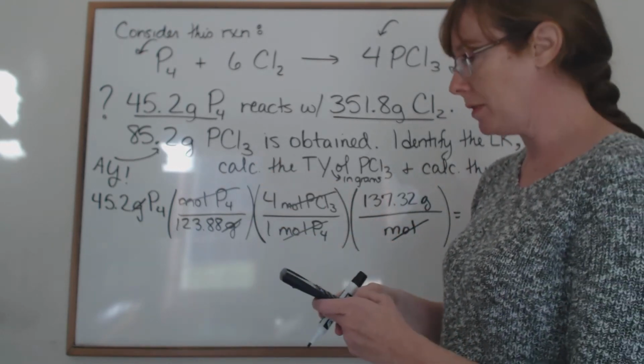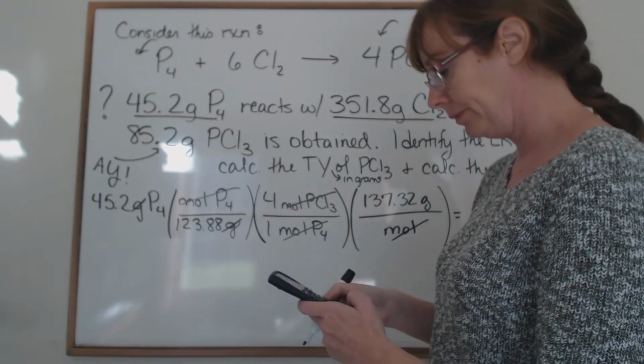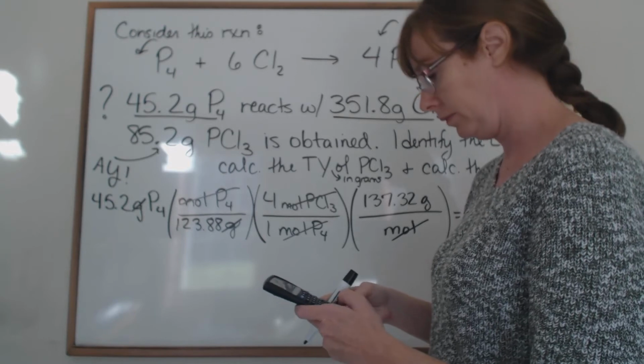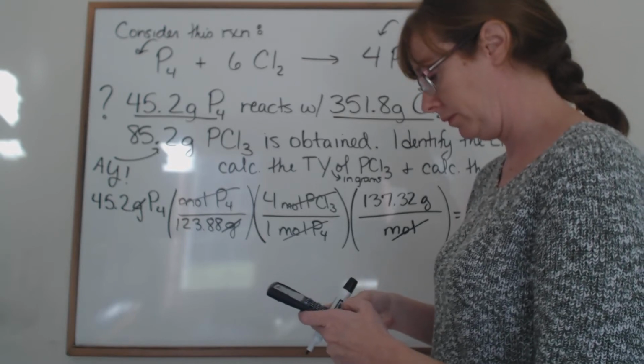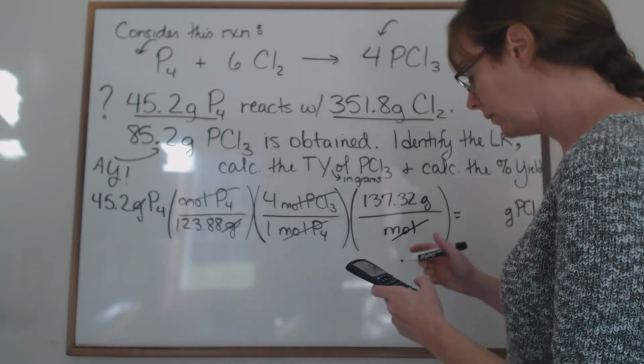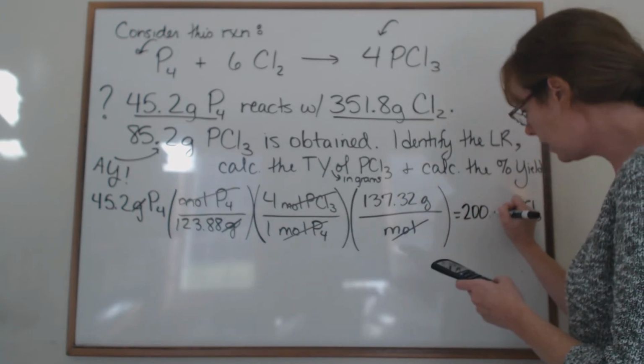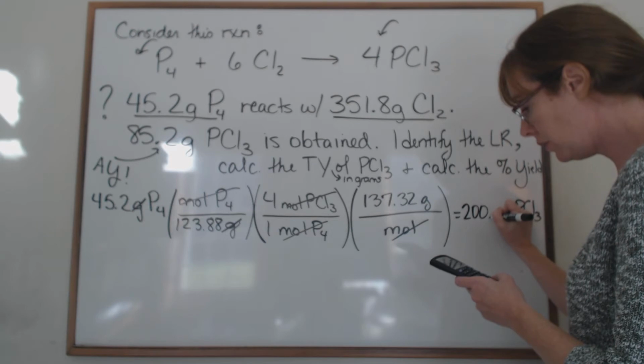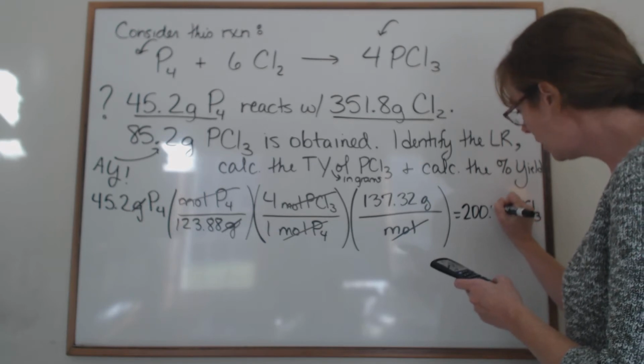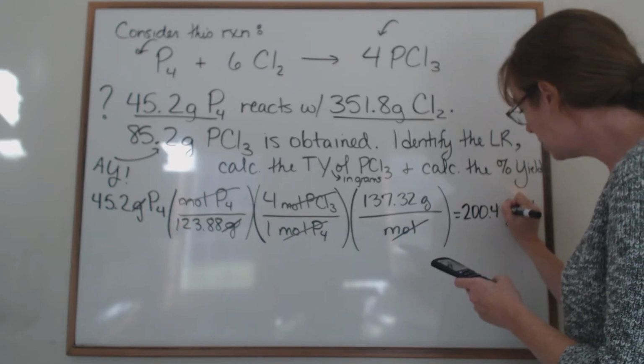Okay, let me just run this through my calculator. And I'm not going to worry about sig figs quite yet. Let me just keep some digits here. 200.42. All right.